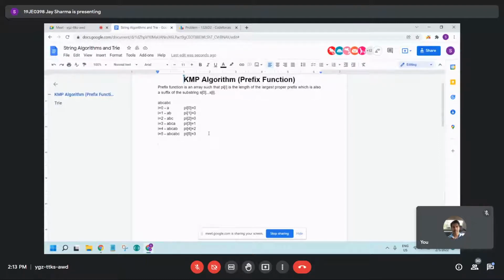Then we compare the first with the last index. For each possible length, we will check whether this is true or not. Yes, basically, that's the most basic approach.